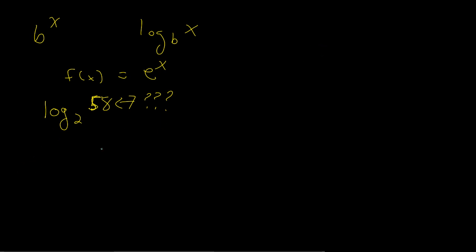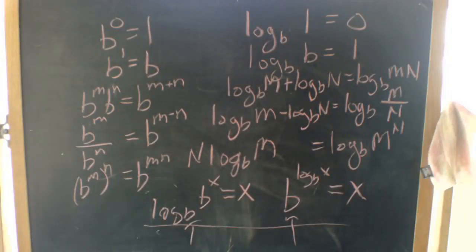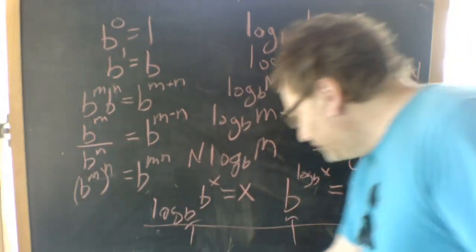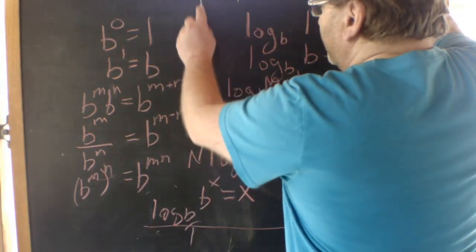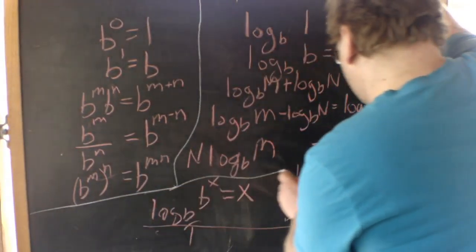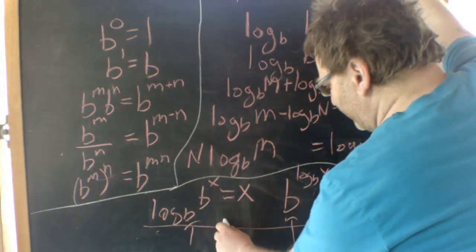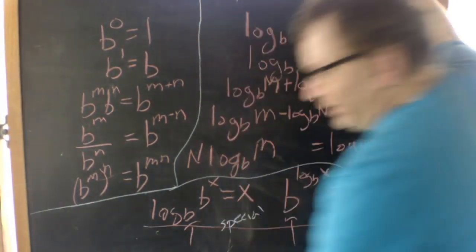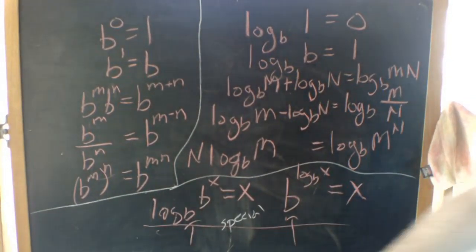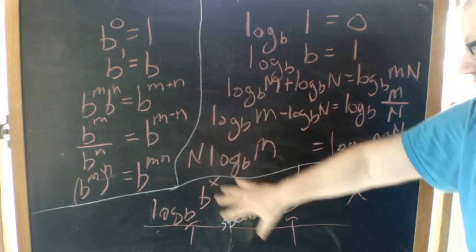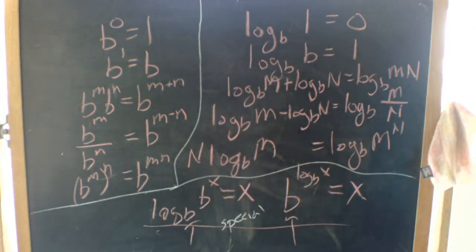And we're going to go back to these rules. Here, we're going to use these rules of logarithms. I'm actually going to put a dotted line between the exponential rules and the logarithm rules, and then these are our special ones. Special ones are going to help us get through, but we're going to use these rules in tandem with these to let us solve.